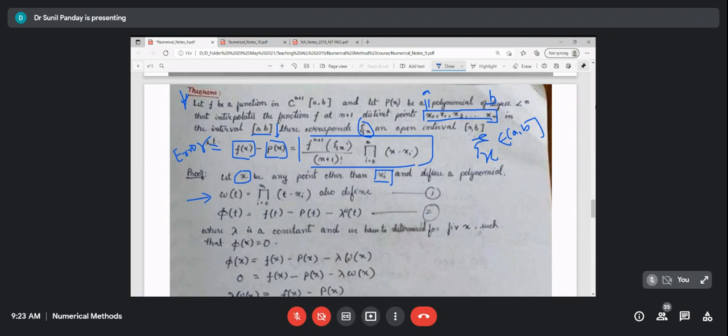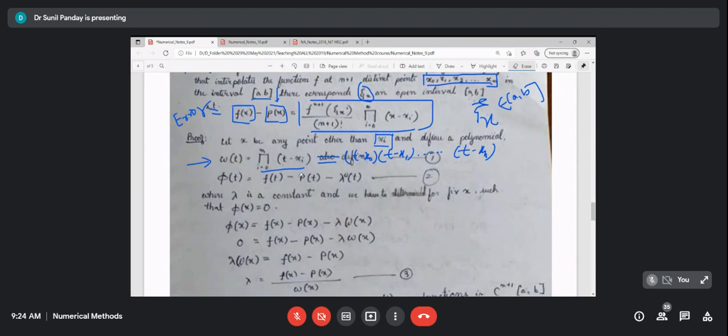So here this symbol represents the product. I think all of you know this. It means that we are writing (t minus x naught) times (t minus x1) up to (t minus xn). This symbol is known as the product symbol.